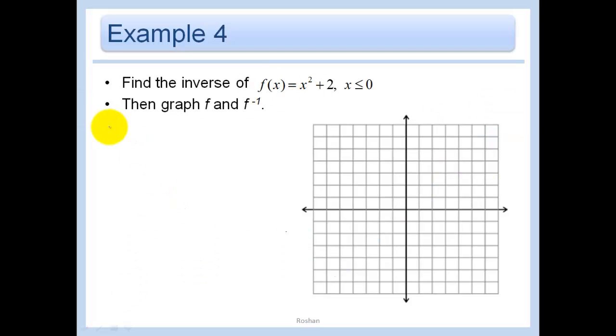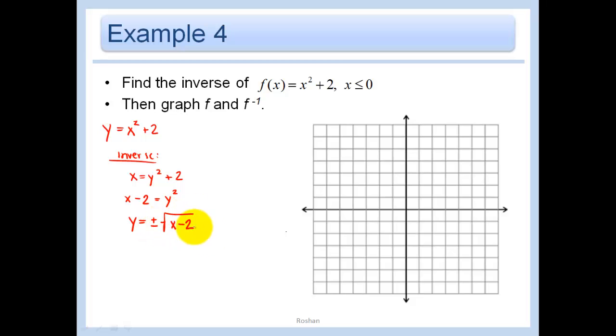Let's do the same thing here. We have y equals x squared plus 2, and I want to find the inverse, so I'm going to swap the x's and y's. X equals y squared plus 2. Subtract 2 from both sides. And now take the square root. So we get y equals plus or minus root x minus 2.